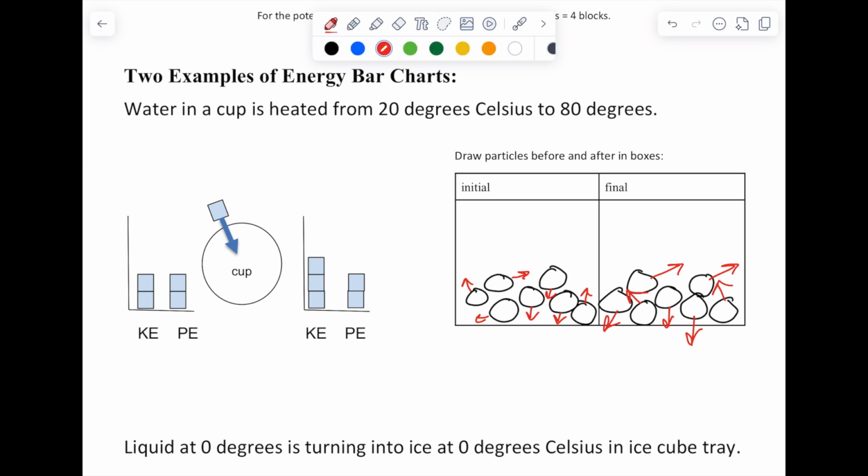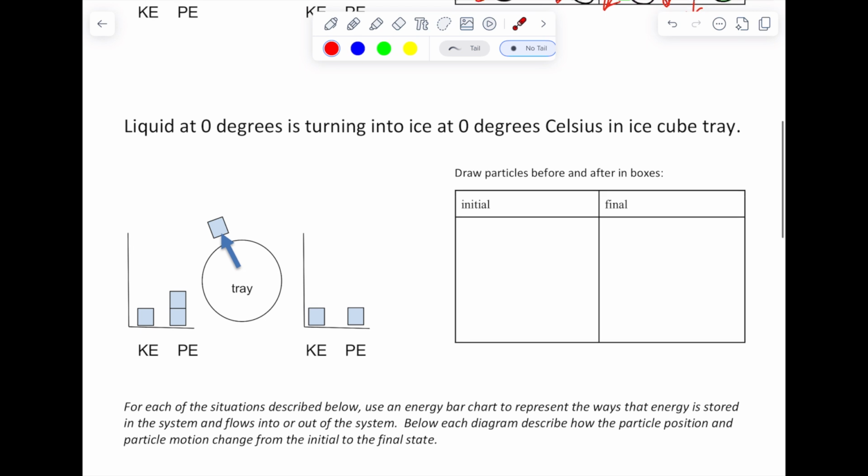Remember, this is the kinetic energy, and sometimes people will draw this with little wiggly lines. So you might have small wiggly lines for a lower temperature and bigger ones for a higher temperature. Always remember to also say what your system is. That was in a cup.